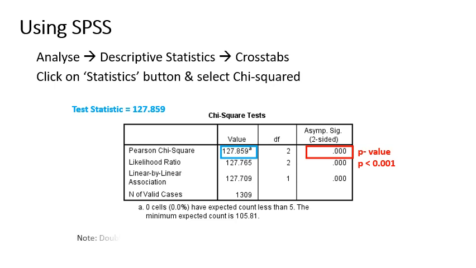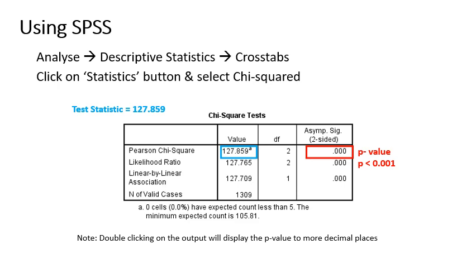If you double-click that, you will get a result of less than 0.001. So what does it mean when your p-value is less than 0.001? It means a strongly significant association.